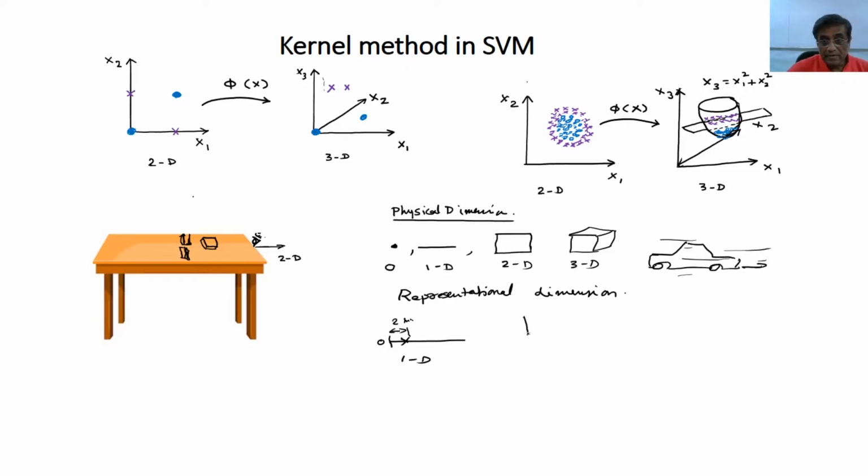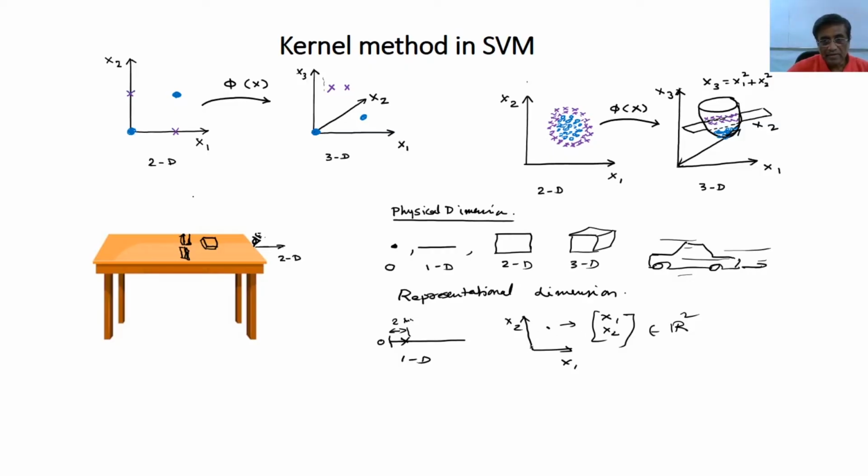Same point, if I want to represent it in, say, a two-dimensional feature space, a point which doesn't have any physical dimension, but it requires 2 dimension, isn't it? x1, x2. So it requires 2 coordinates, x1, x2.